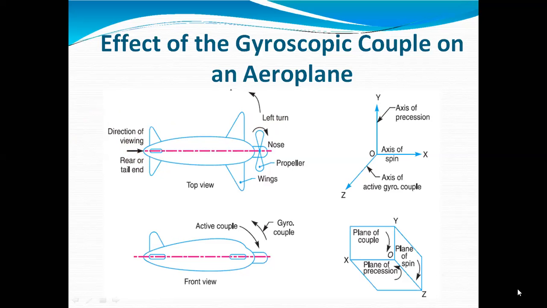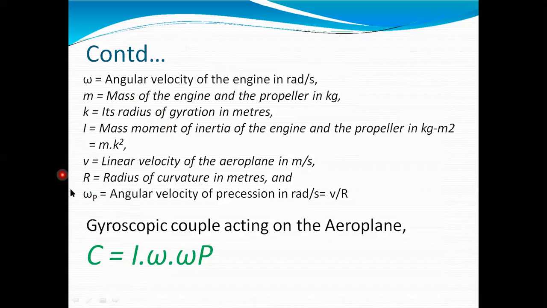We can see the amount of gyroscopic couple or the value of gyroscopic couple here created will be C equals I omega omega p, where I is called moment of inertia, omega is called angular velocity, and omega p is called precessional angular velocity.